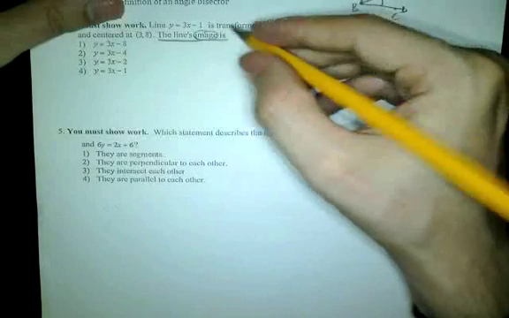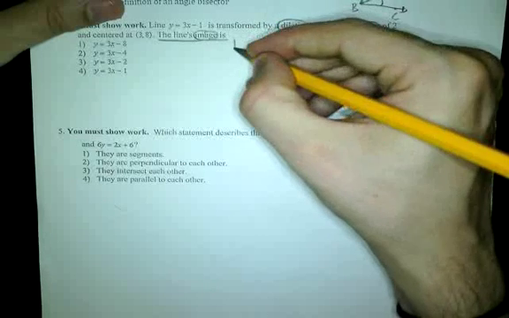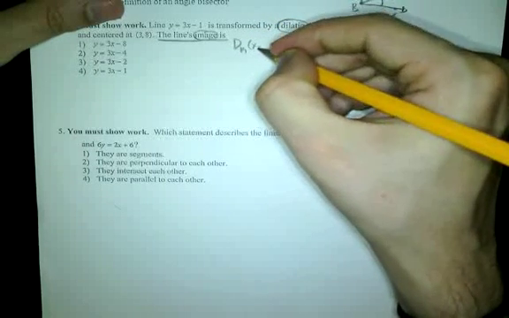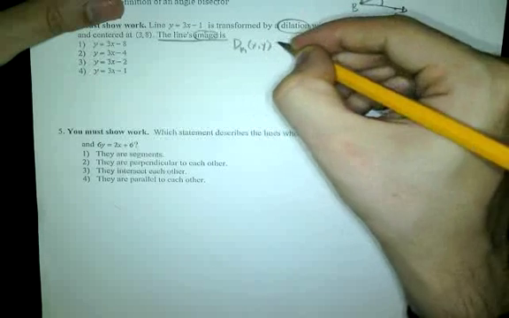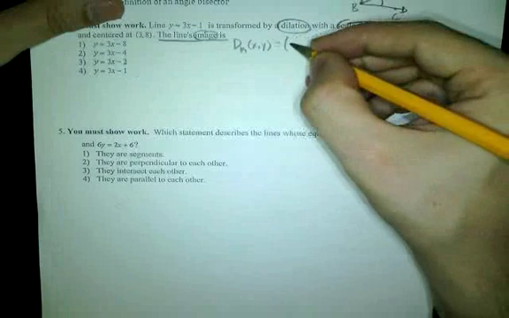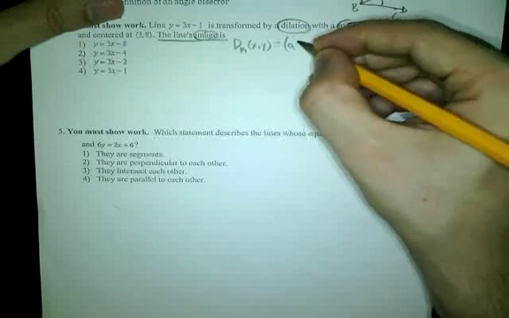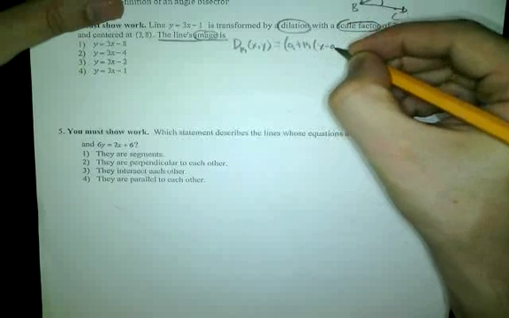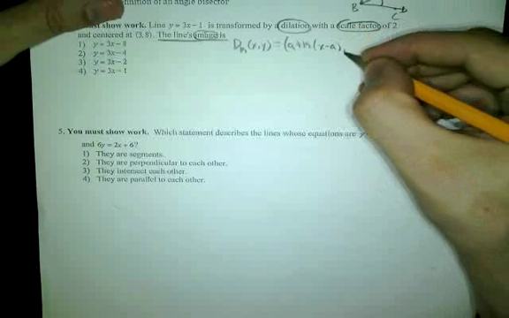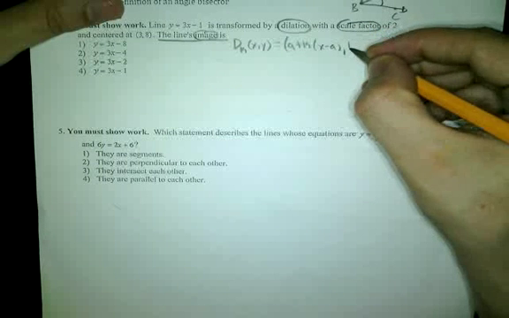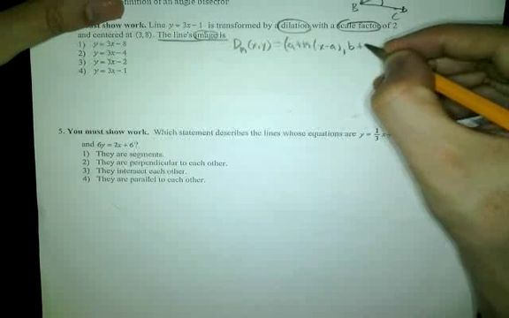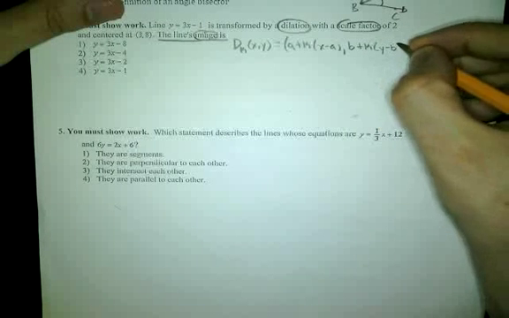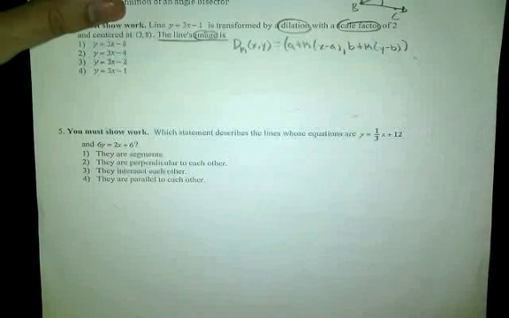The rule is D_k of (x, y) is equal to (a plus k(x minus a), b plus k(y minus b)).